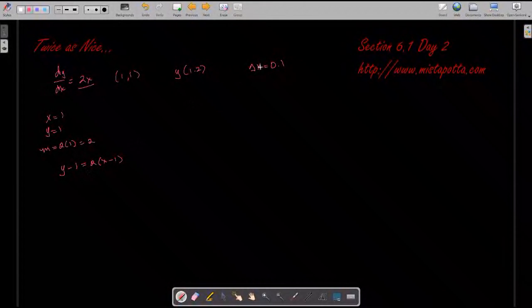But in this case, instead of substituting in 1.2, I'm going to use this as my guide. My delta x is 0.1. So I'm actually going to be substituting 1.1 into this.